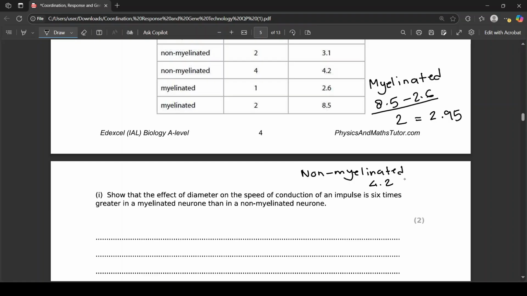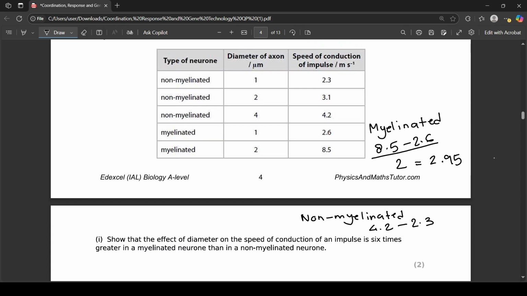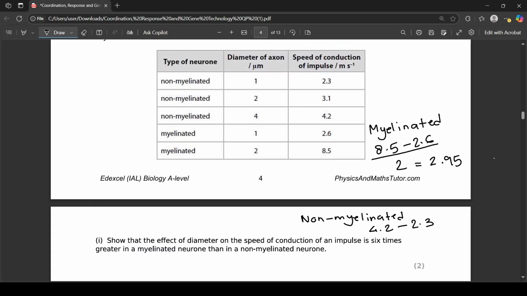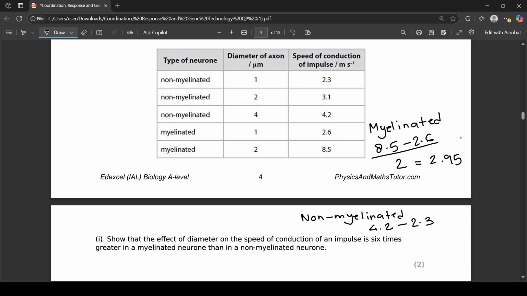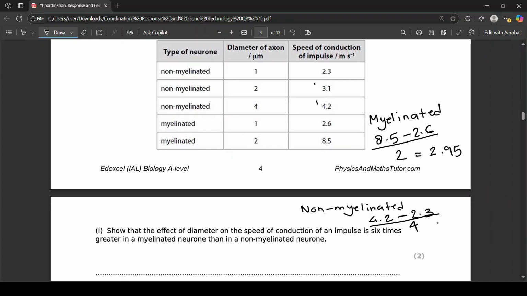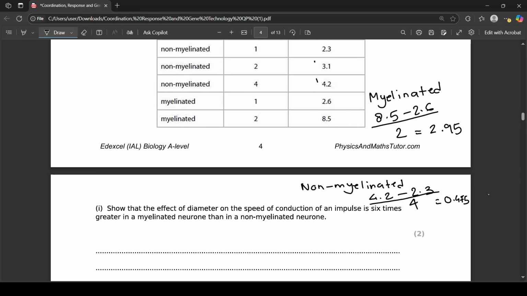Okay, for this one you have to minus 4.2 minus 2.3 because of the 1 micrometer increase, and then you have to divide it by 4 because we have taken these two values 4, then we get the value around 0.475.